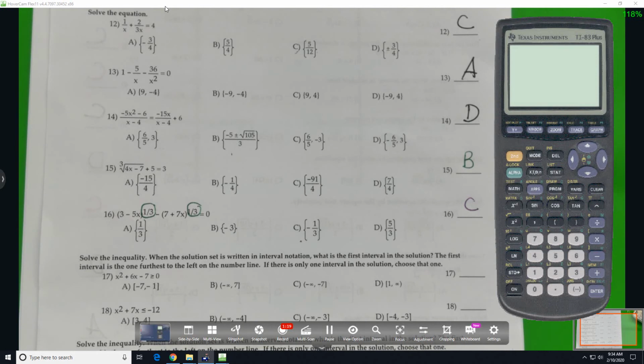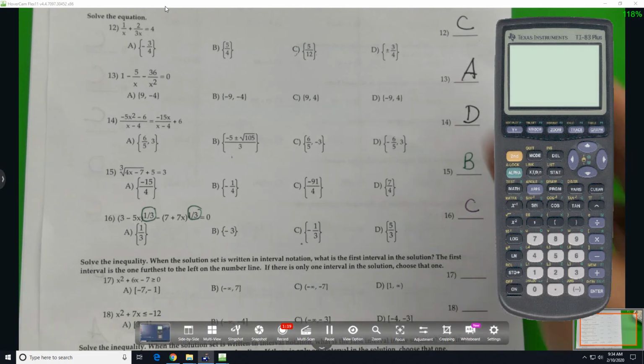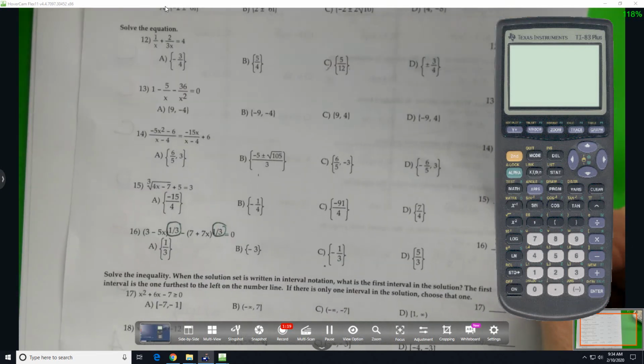So you need to know, okay, if there's a less than or greater than in the problem, that's when we go through doing that cut point stuff. Okay? Problem number 17.